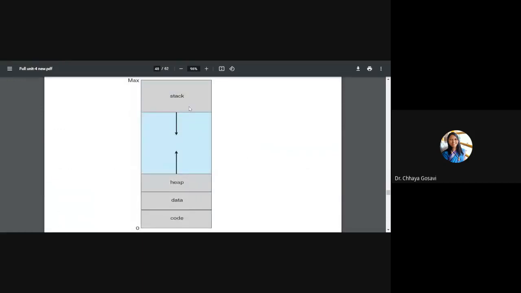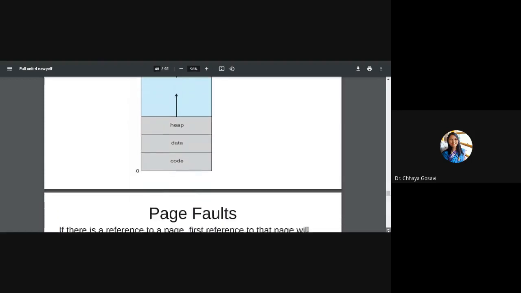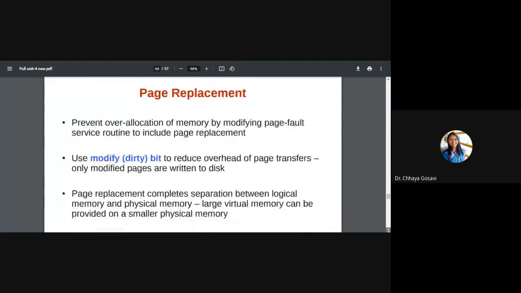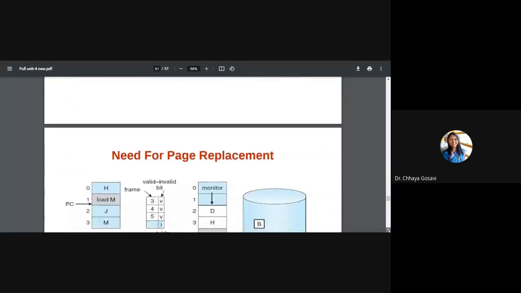In PPL we have seen this memory map. We have stack memory, heap memory, and static memory. The stack and heap memory grow towards each other, and data and code are loaded into static memory. We have also seen the concept of page fault and page replacement algorithms.